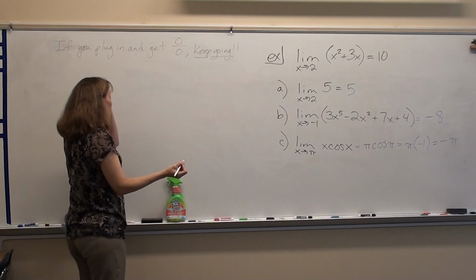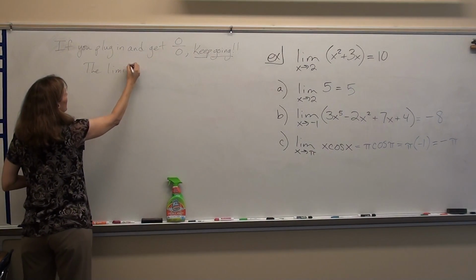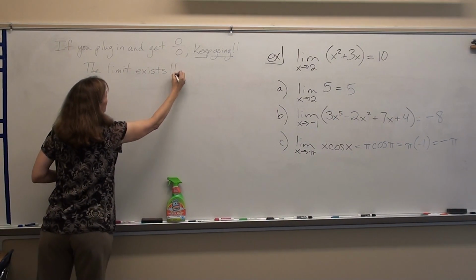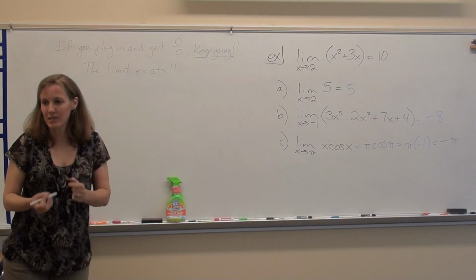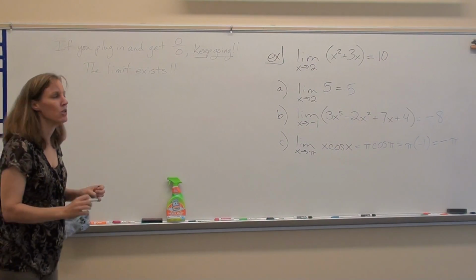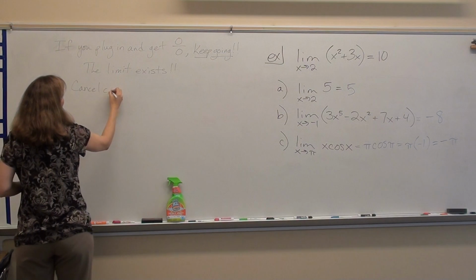In limit world, 0 over 0 means keep going. The limit exists for 99.9% of these cases. So if you plug in and get 0 over 0, keep going, the limit exists. What you have to do is cancel common factors.